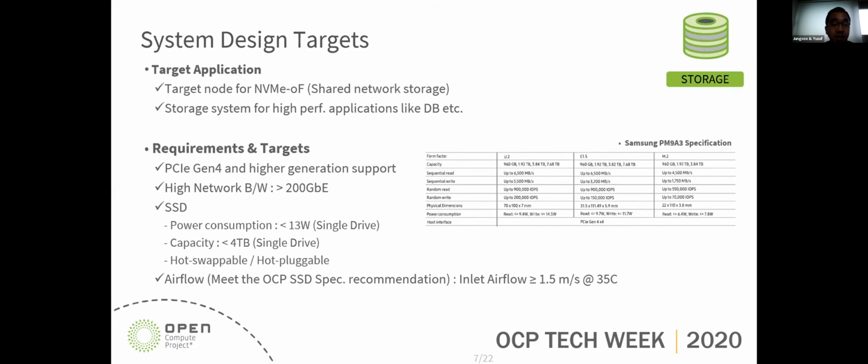Power consumption was less than 13 watts. Our data center partner wanted less than 4 terabytes of capacity per SSD, because they wanted to minimize the rebuilding time when a drive fails. And we wanted to meet the OCP NVMe SSD airflow recommendation to increase the system power efficiency further.